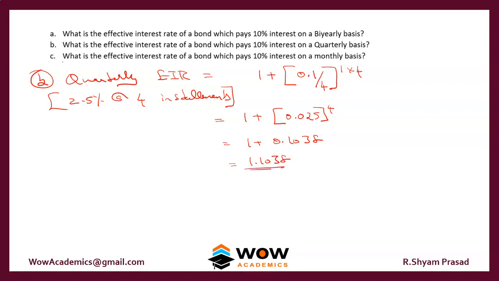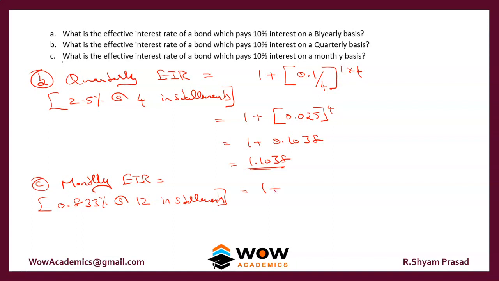We'll do the same for the last part, that is the monthly basis. So monthly EIR refers to we are going to receive just 0.833% of interest in 12 installments. That is how it works. So how do we get 0.833 and 12 installments?